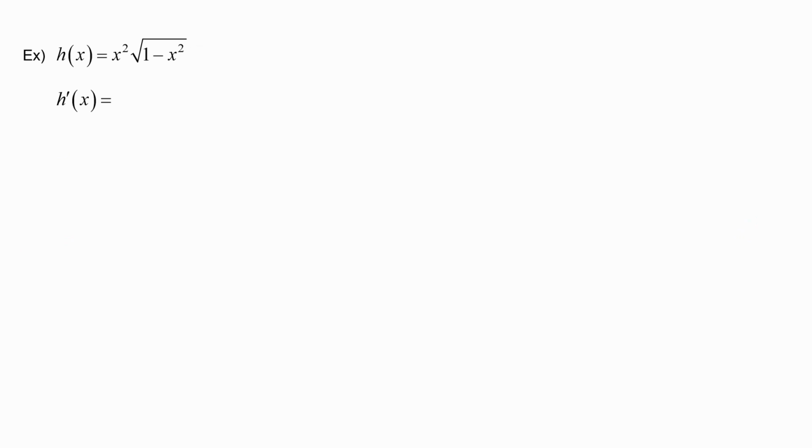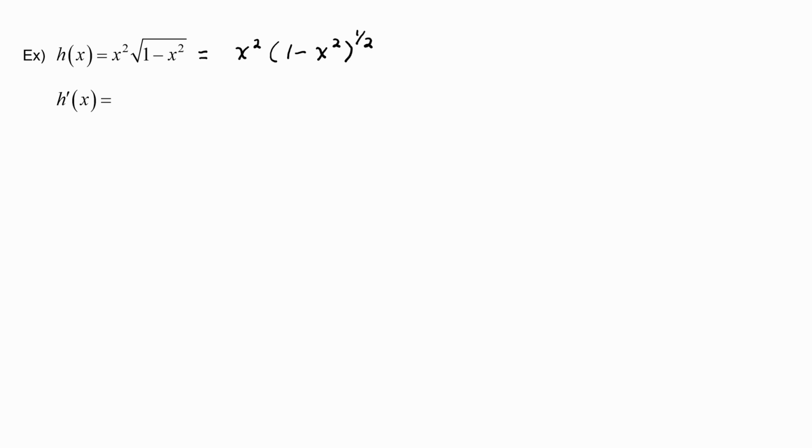In this example, we have h of x is x squared radical 1 minus x squared, and we have to find h prime of x. Let's first rewrite h of x as x squared times the quantity 1 minus x squared raised up to the 1/2 power.